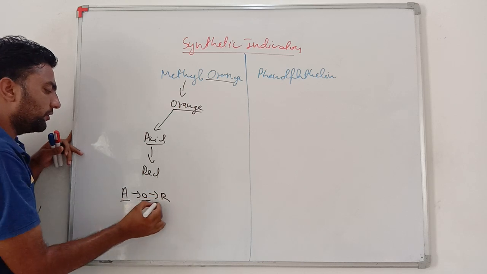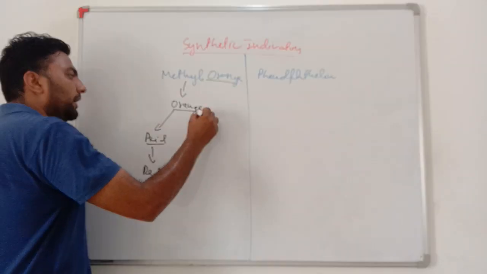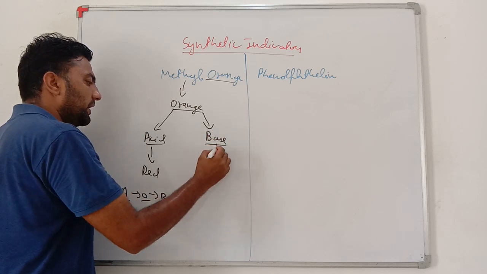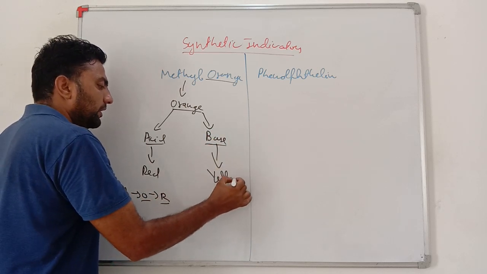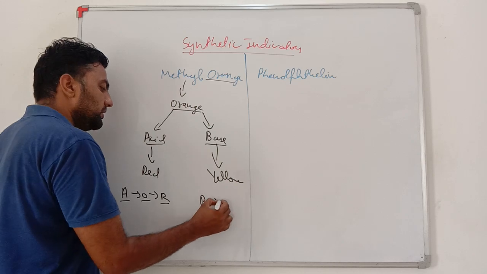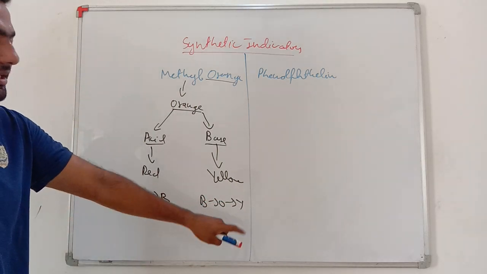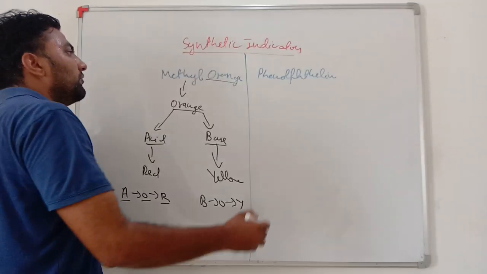AOR, in acid orange to red. And if this is added into base, then the color changes into yellow, that is BOY. If it is base, orange color changes into yellow.